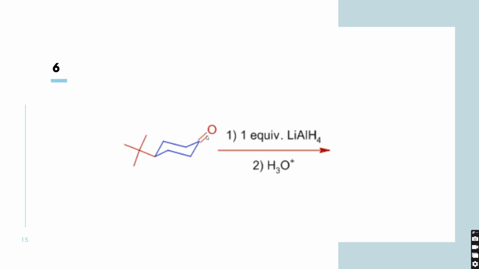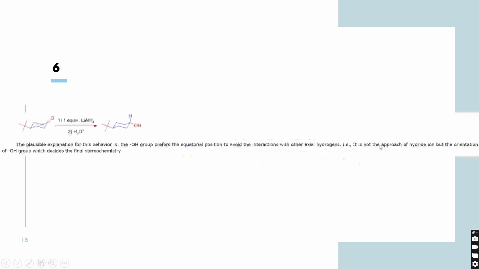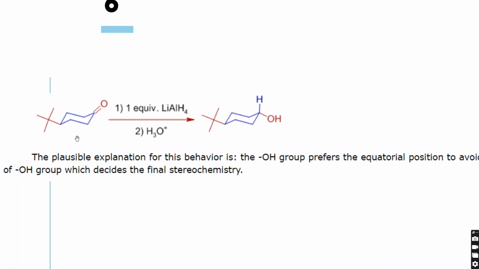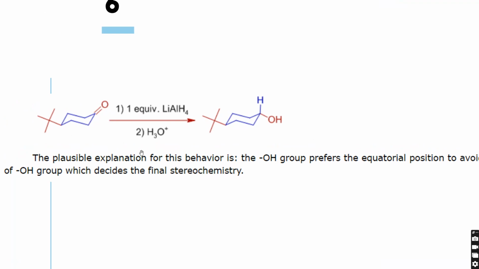If you carry out the reduction, you will see that you get this particular product as your major product, where you have the hydroxy group in the equatorial position.